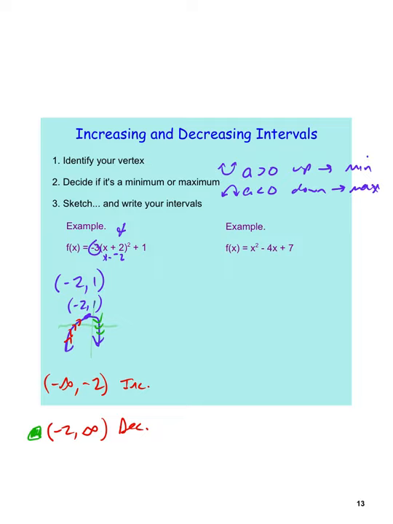Because this is in standard form, we're going to use -b over 2a, where b is -4. So this would be -(-4) over 2 times a, which here is just 1. So that's a +4 in the end, divided by 2, which means the x value is 2.